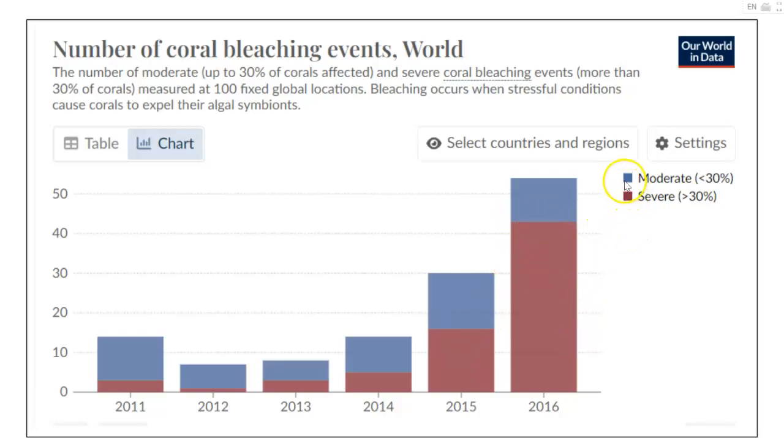The moderate coral bleaching as well has increased over time, and if you were to compare this with a chart for the temperatures increasing, you'd probably see a very tight correlation. So this is a very severe issue. There are some scientists doing some really cool studies to see if we can find coral that are a little more resilient, a little more tolerant of temperature changes.